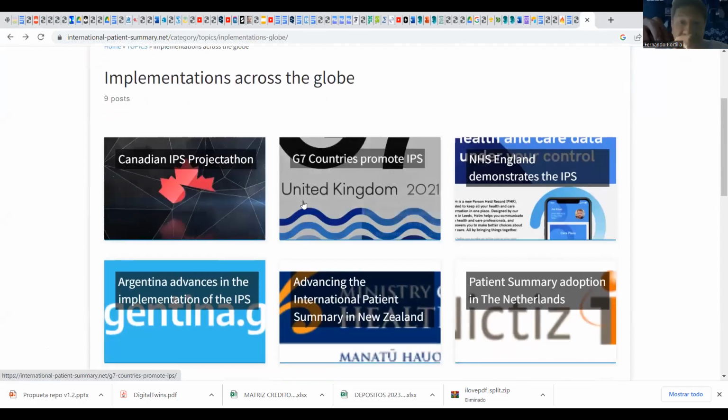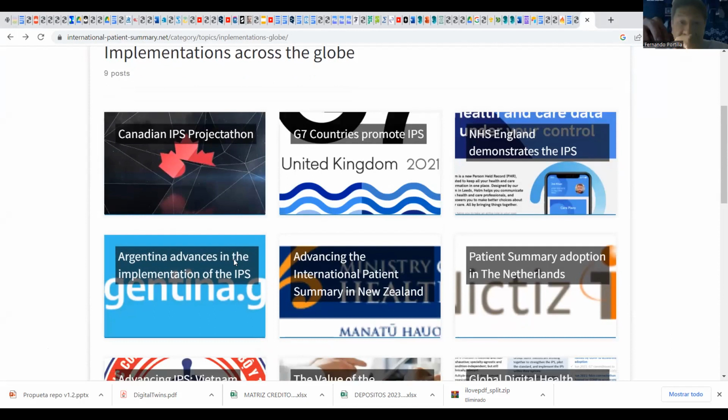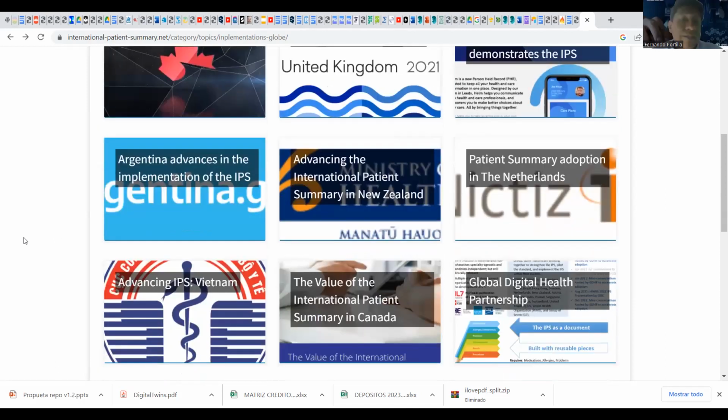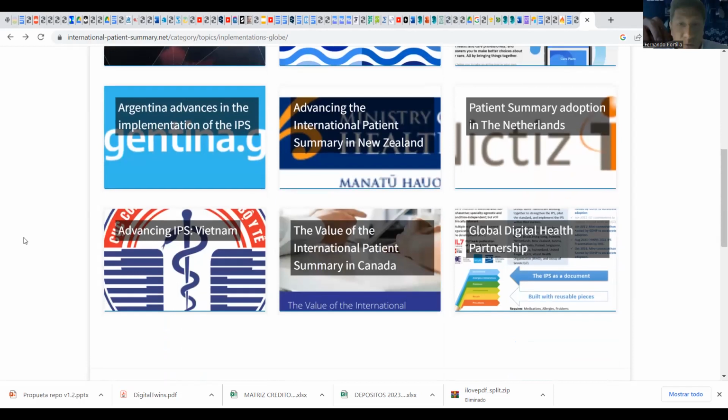Well, also in the United Kingdom, in Argentina, you know that it was difficult to come to agreement, but IPS had the standard, and this was the basis for the digital health project in Argentina, and it has different levels of progress, but the basis is the IPS.